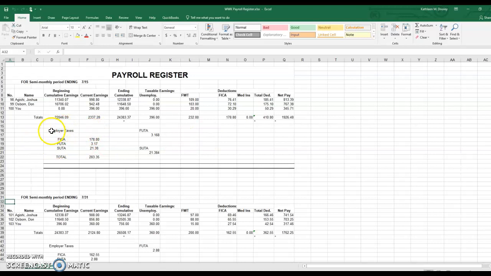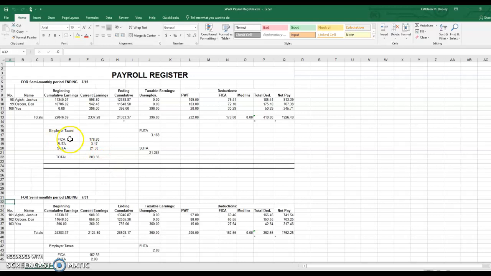We also have the employer taxes. The employer has to match the FICA, so there's the 178.80. The employer also has to calculate out FUTA and SUTA unemployment taxes. Here's where they were calculated out. And there's the total employer taxes.